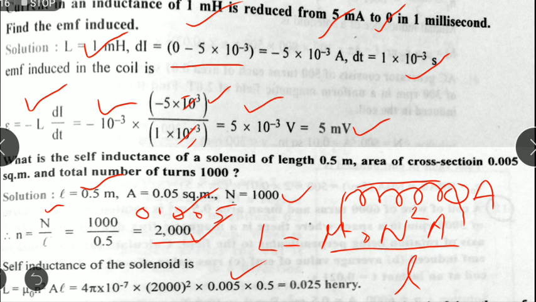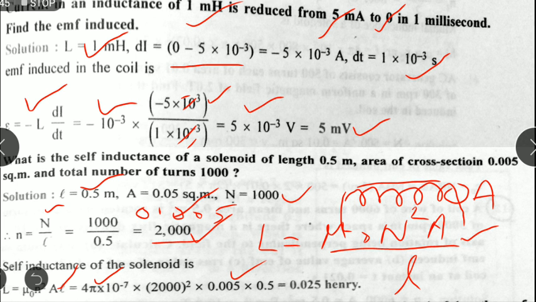Next, for the formula, either you can use L is equal to mu naught small n square A L, or you can use this one, mu naught capital N square A upon L. Mu naught is nothing but, as I have already said, the permeability constant, value 4 pi into 10 raised to minus 7 Henry per meter. Next, if it is small n, it is 2000.